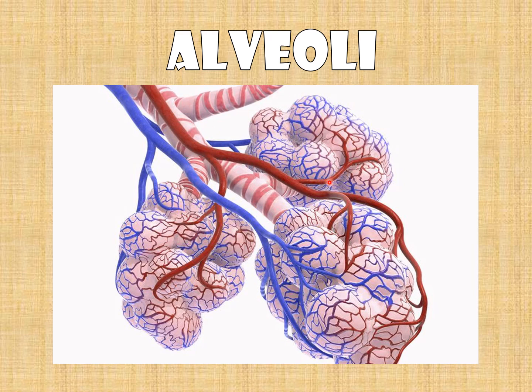These alveoli are covered with capillaries. The blue capillaries represent the pathway of deoxygenated blood, which is blood that lacks oxygen. On the other hand, the red capillaries represent the pathway of oxygenated or oxygen-rich blood.